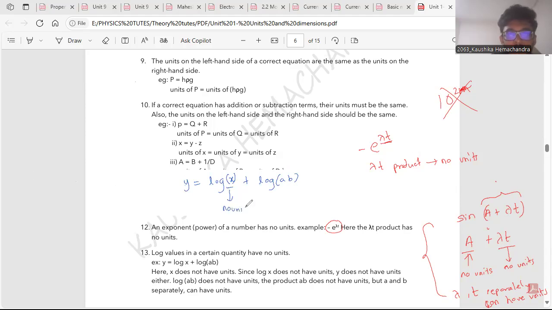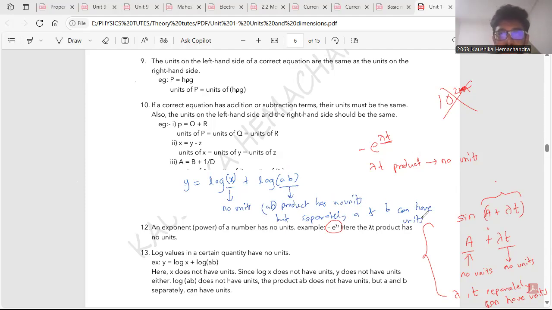No units. AB product has no units. But separately, A and B can have units. A can have a unit, B can have a unit. But when multiplied, they have to cancel out.